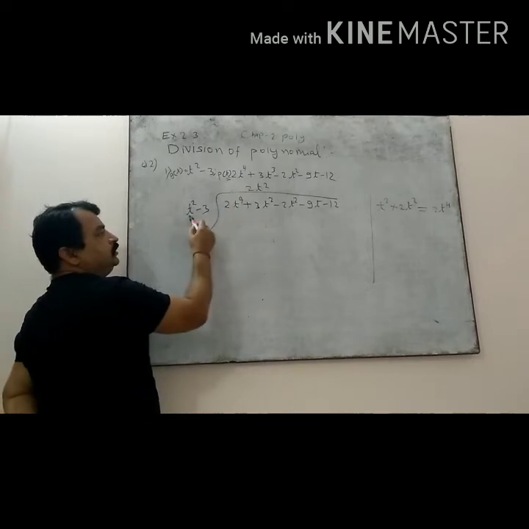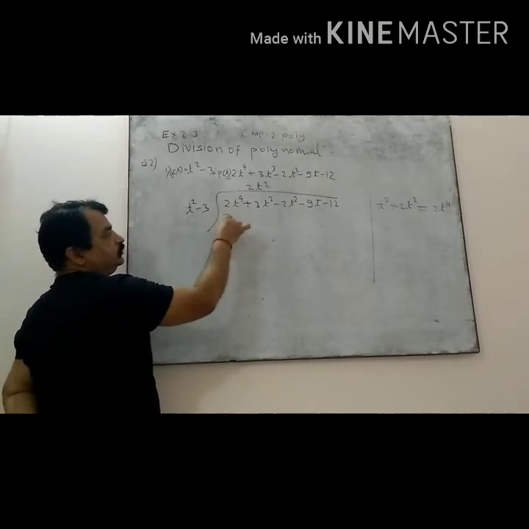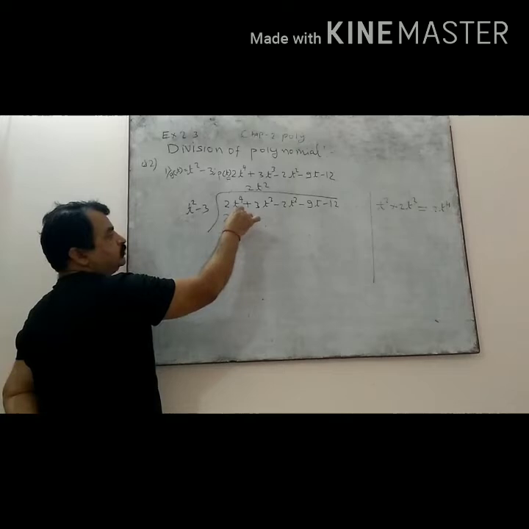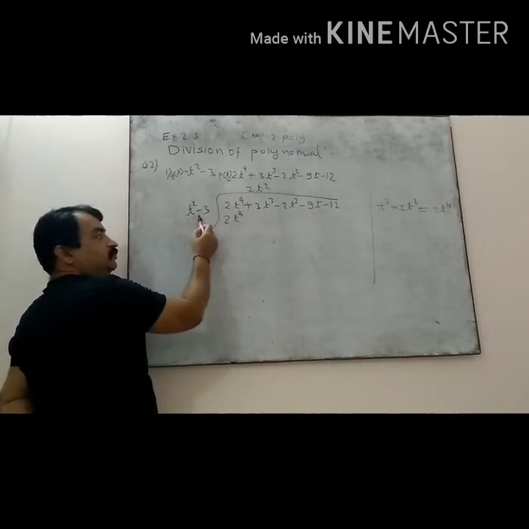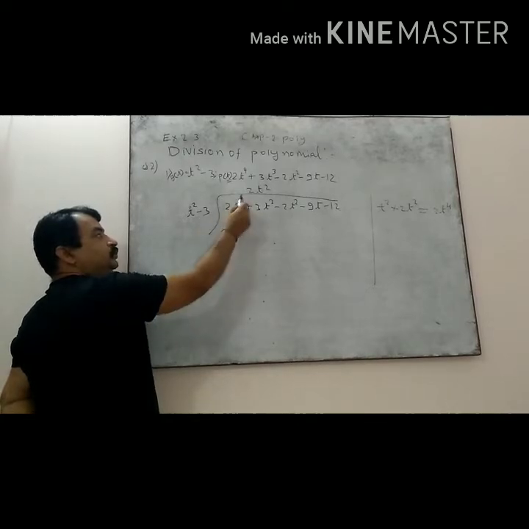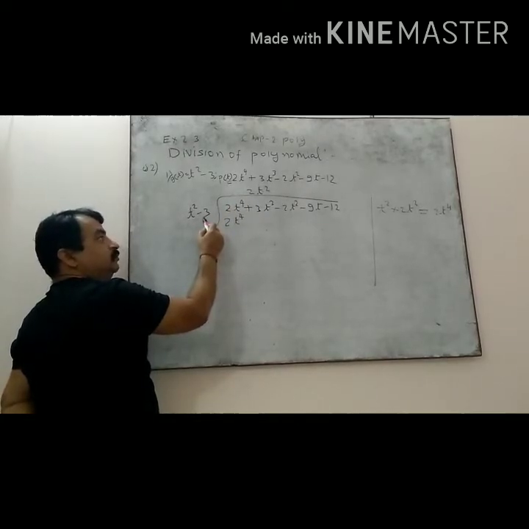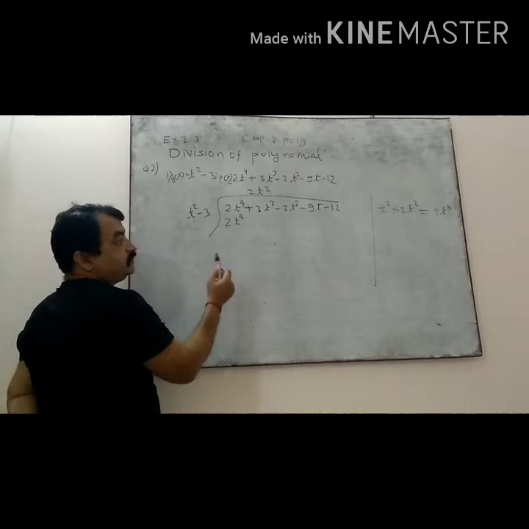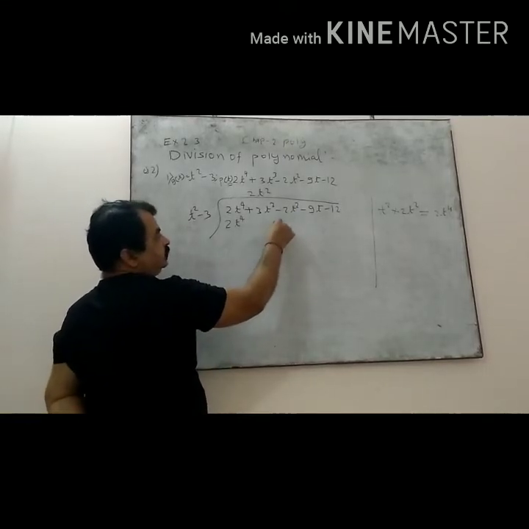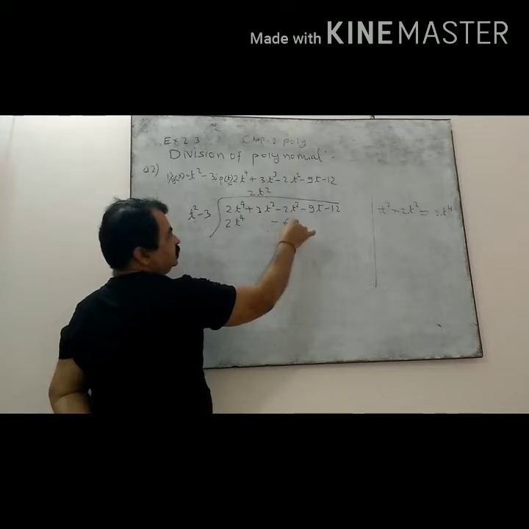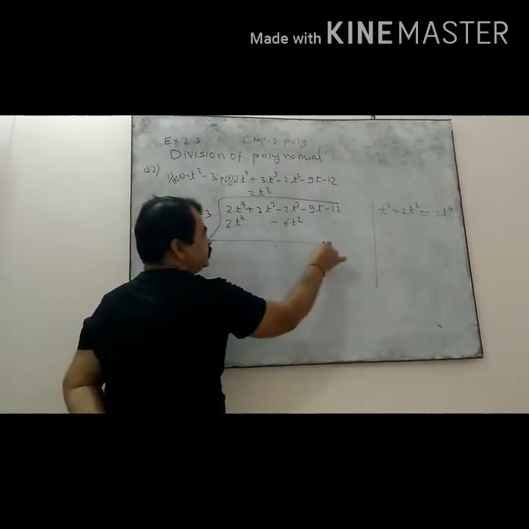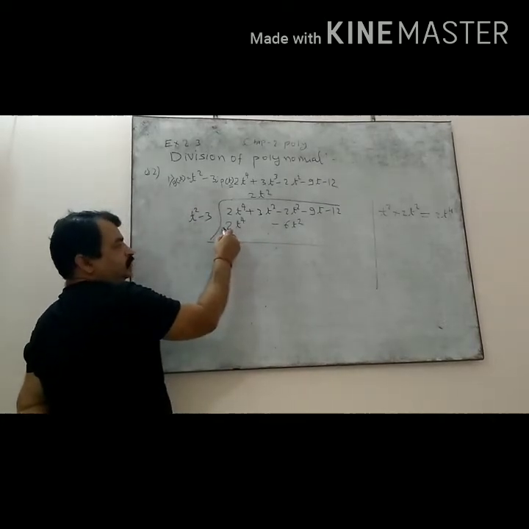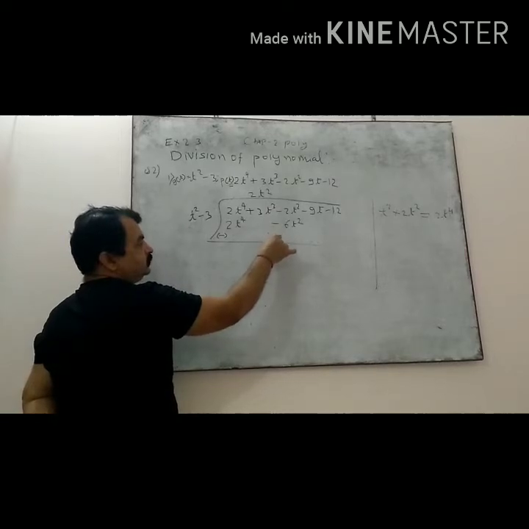So 2t square into t square gives 2t power 4. But the divisor is a binomial, so we multiply 2t square with the minus 3 also. Minus 3 times 2t square is minus 6t square. Where is the t square term? There you will write it. Like term below like term, and the same pattern: change the sign of the line below. So this is minus and this is minus, so this will be plus.